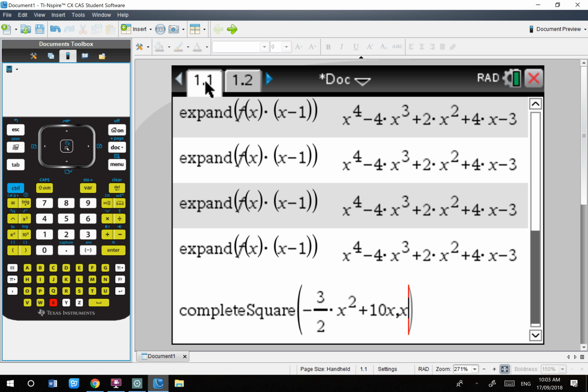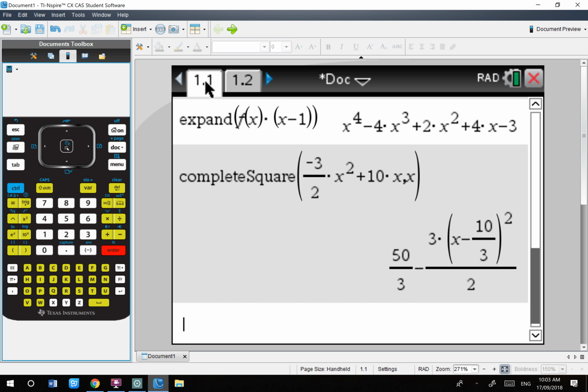And remember comma x. If it says failed argument, basically you forgot the comma x. You need to indicate what your variable is, and the way we indicate the variable is always comma variable. Comma x, comma y, comma a. Then press enter. You will have the turning point form given to you already.